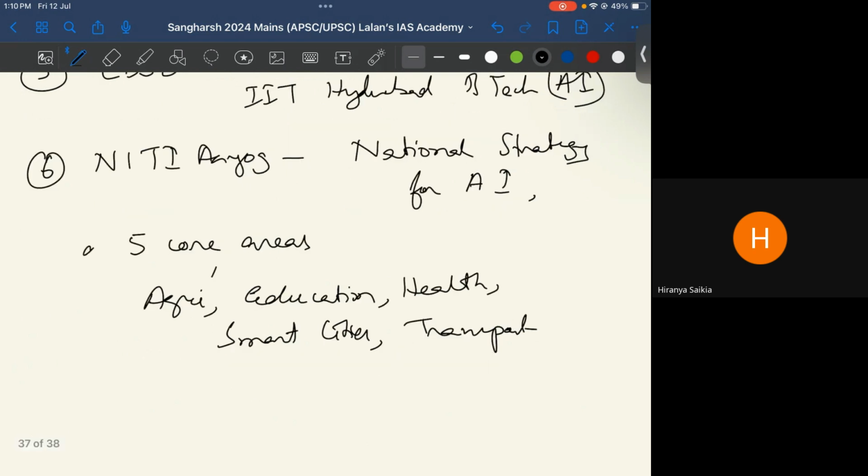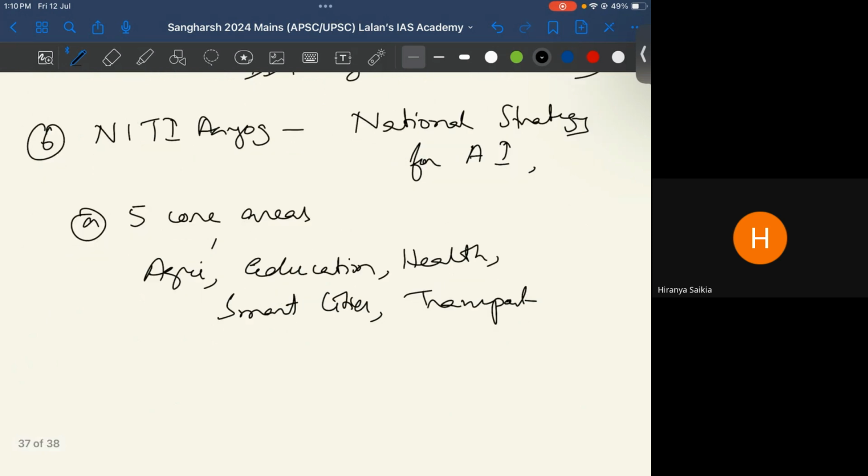Eto 1 number kotha with respect to the national strategy for AI. 2 number kotha to hoise setting up of digital data bank and marketplaces.